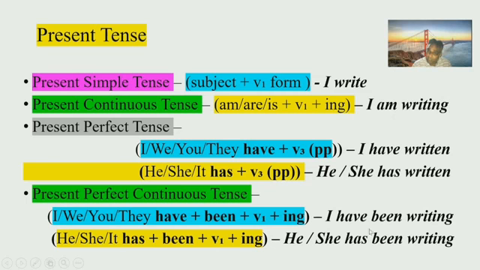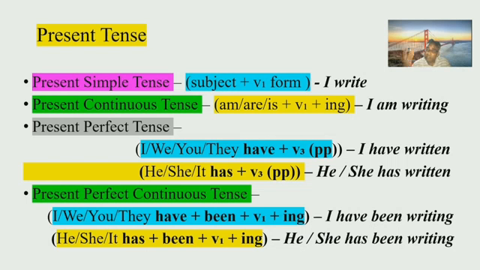But here the activity started at some point of time. It is continuing at the present point of time, and it may continue in the future also. So it includes different points of time: past, present, and future. I have been writing till now.